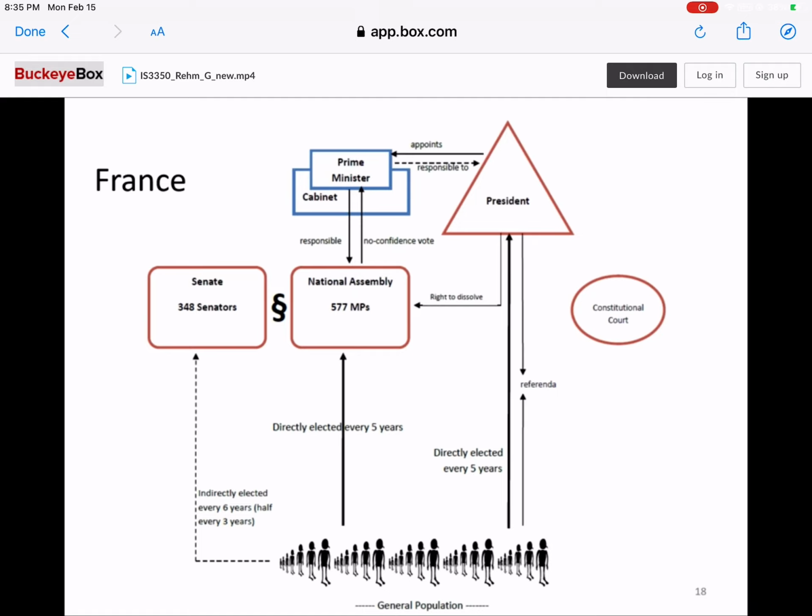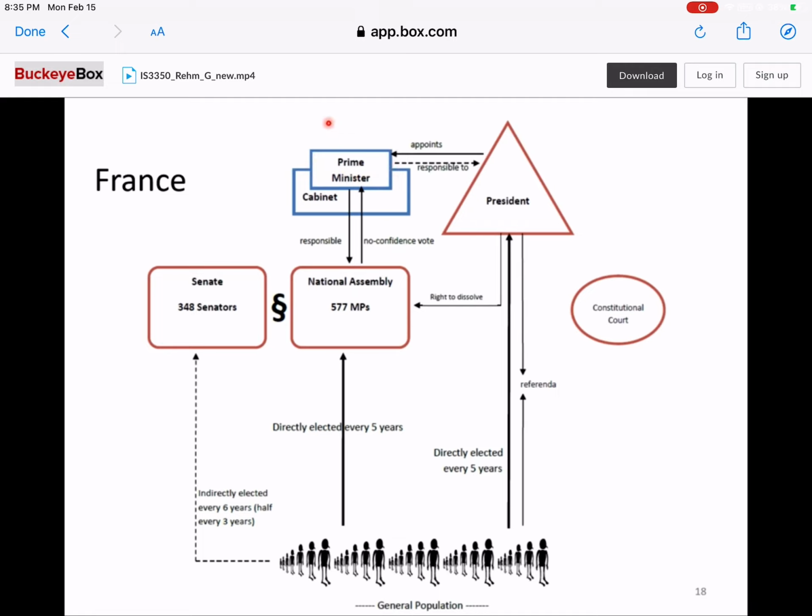Now, the other scenario is where the president is from a different party than the majority in the National Assembly or the parliament. This scenario is called cohabitation in French, and so you need the president and the National Assembly to somehow work out a compromise to find a person as the prime minister that is suitable to both of them, and that can be pretty awkward.